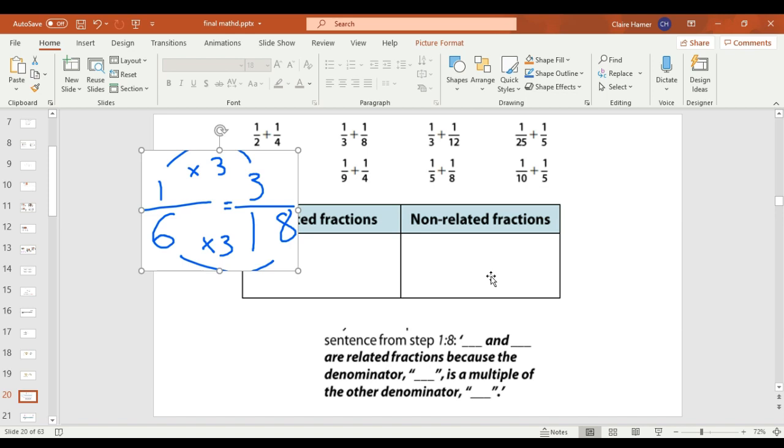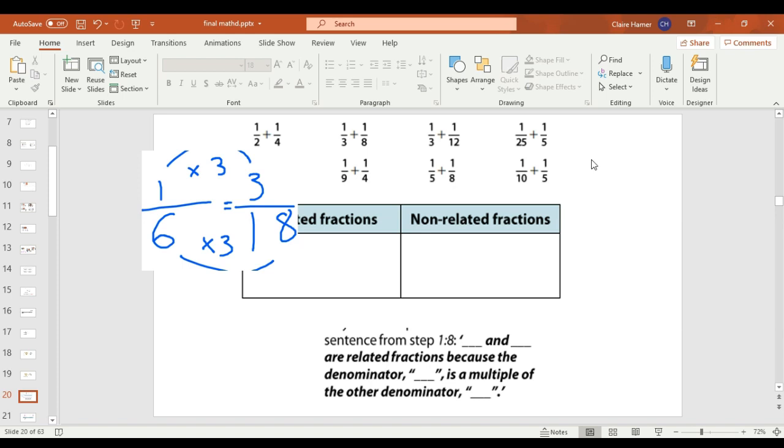So I wonder if you understand what I mean. I'd like you to pause the video and have a go at this, but if you're not sure, I'm going to go through one more question that might help you. So I'll go through 1/25 add 1/5. So you ask yourself, can I multiply 25 by anything to get to 5?